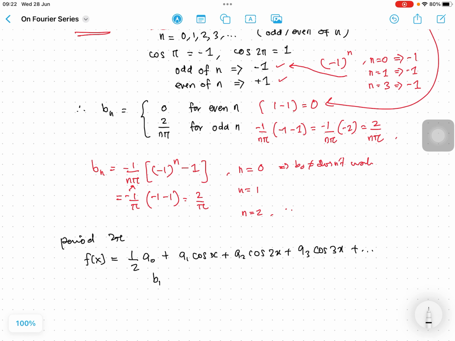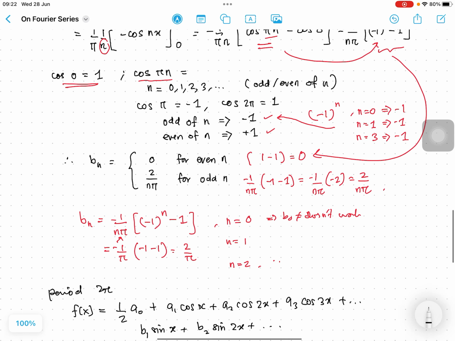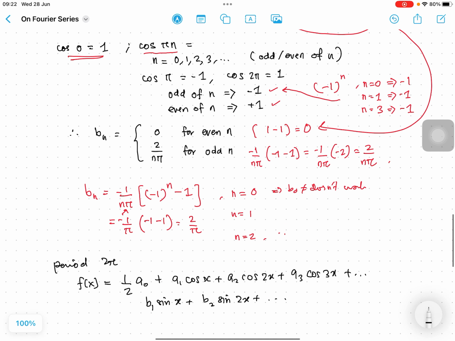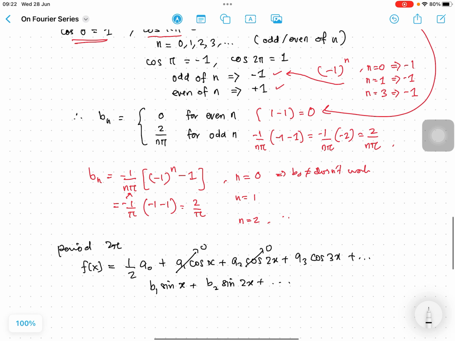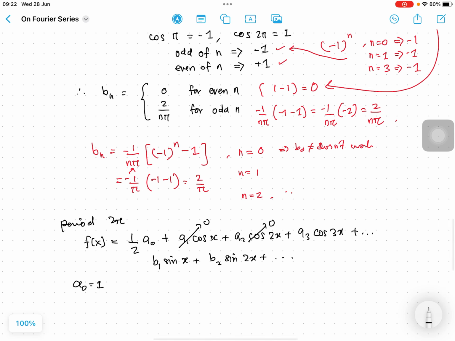And then you have b1 sine x plus b2 sine 2x plus and so on. Now you see that an is equal to 0, whatever n is, but your a0 is equal to 1.